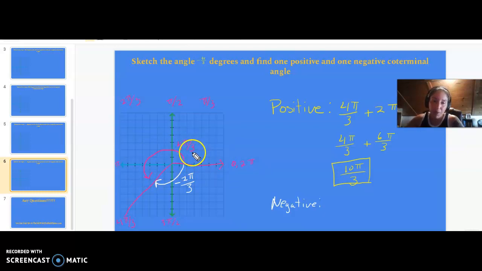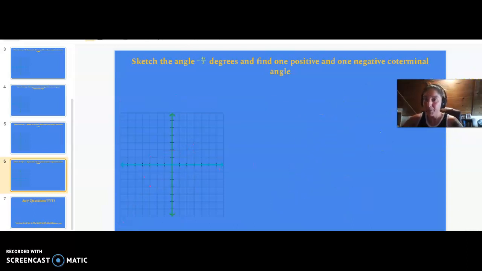Think of it as 4/3 plus 2/3 equals 6/3. What does that reduce to? It reduces to 2. So we go 4 of the way, and then this is the extra 2 of the way. But we go in the opposite direction, so this angle would be negative 2/3 pi. You can almost forget the pi and just think of it as fractions, like 2/3, 4/3, 1/3. That would be our negative coterminal angle.